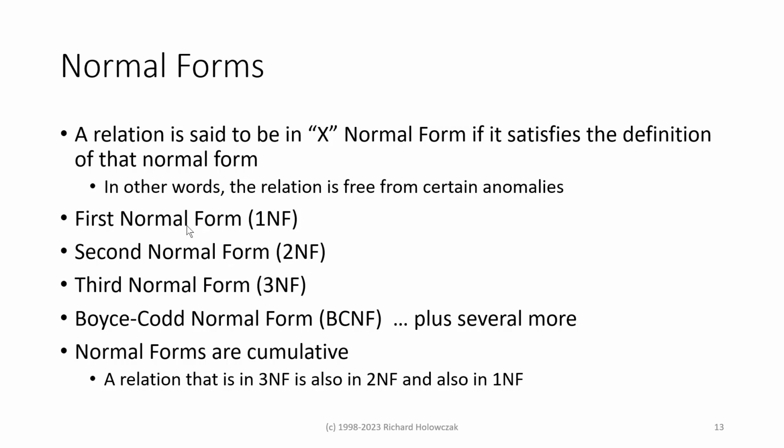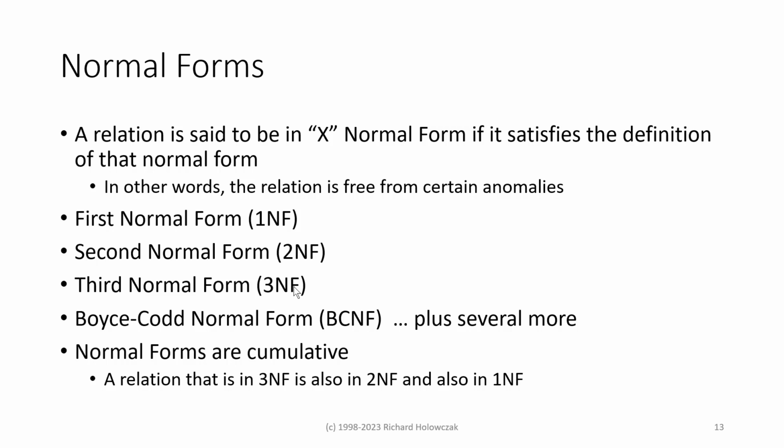Essentially, as we study our relation, we apply the definition of each of these normal forms, and if we're successful, if the relation and its data meet the definition of the normal form, then we can say that relation is free from certain anomalies. That relation is in better shape than it was before.